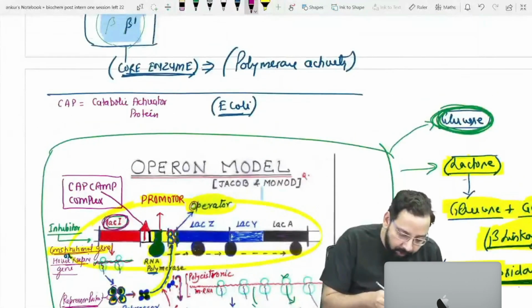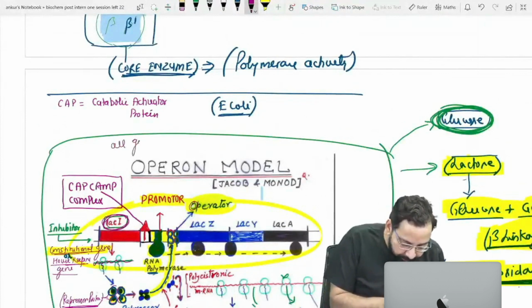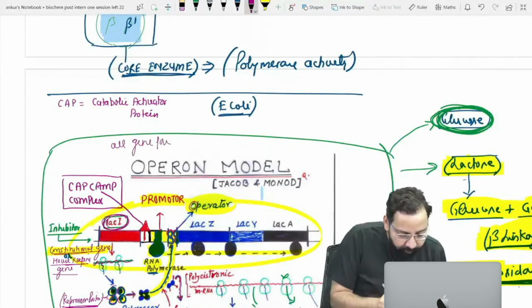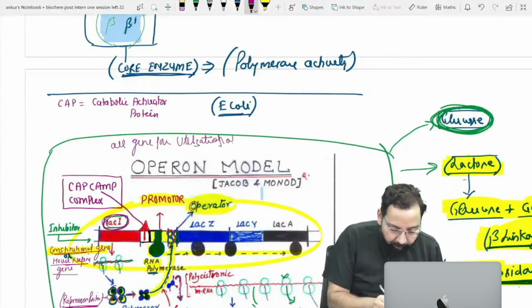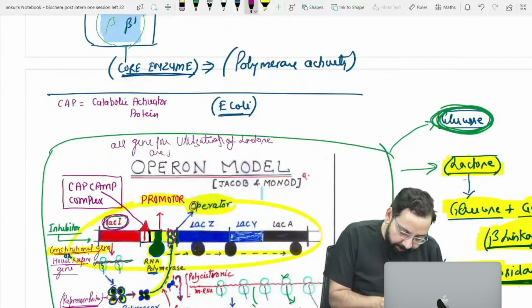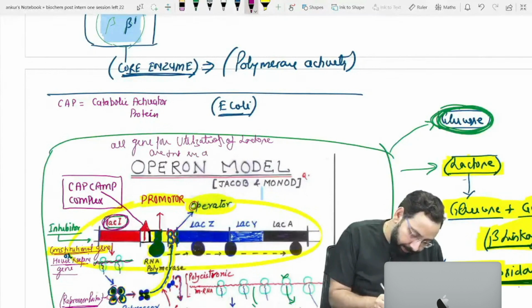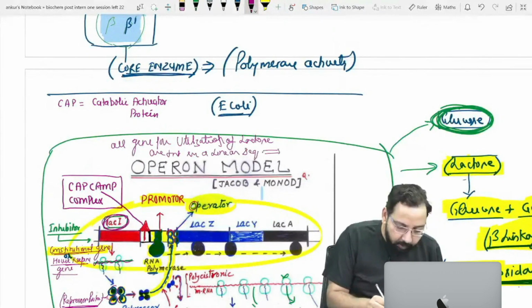All genes for utilization of lactose are present in a linear sequence. This is called the LAC operon.